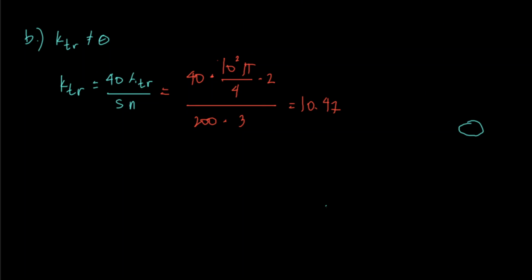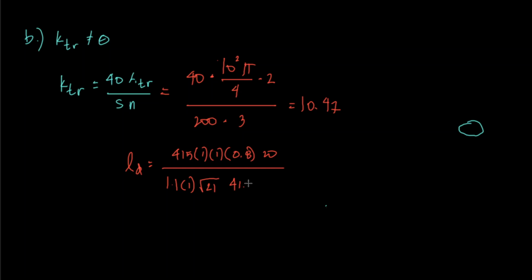Okay. So, pwede natin copyhin ulit yung formula pero hindi na kailangan. Balikan na lang natin kung hindi ko matandaan. Okay. LD is equal to 415 times the first factor, the second factor, at yung size factor natin times yung ating 20 mm, 1.1, lambda is 1, 21, then yung ating CB which is 41.25 plus yung ating KTR, 10.47 divided by 20.